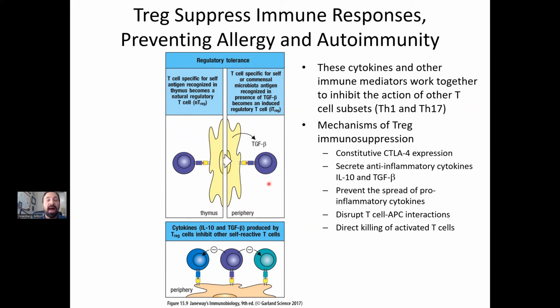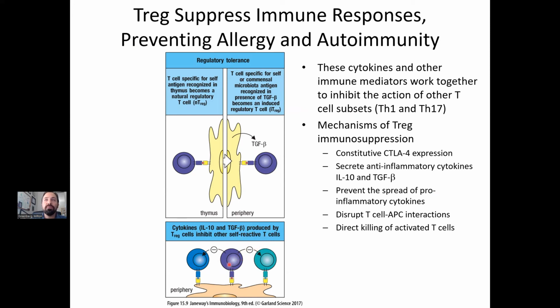Similarly, you can have activated cells, and if they're activated in the presence of those cytokines that we covered earlier, things like IL-6 and TGF-beta, over time those cells can become these induced regulatory cells, and those cells will help by secreting anti-inflammatory cytokines and other mechanisms to help calm things down in the periphery, help shut down the activity of very pro-inflammatory or self-reactive T cells.